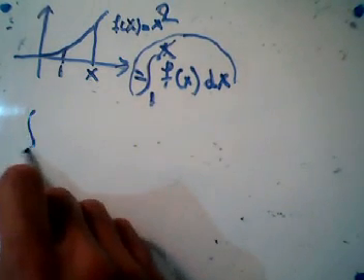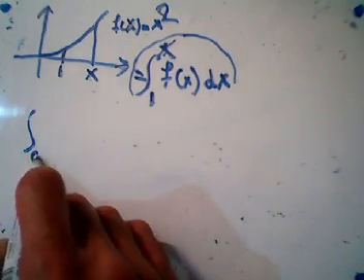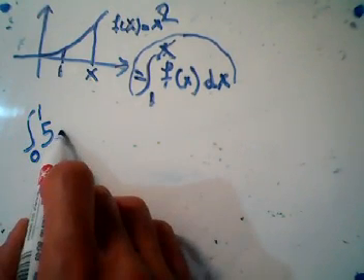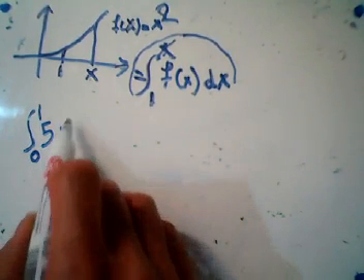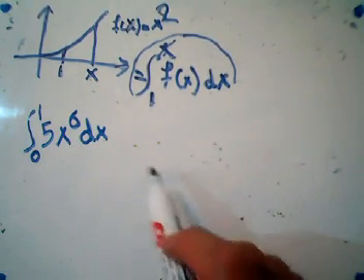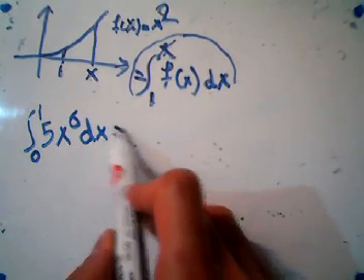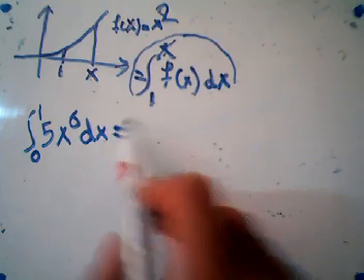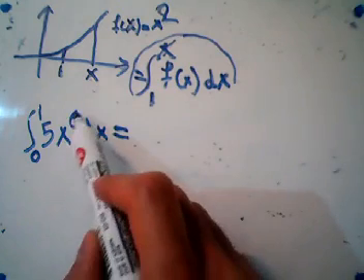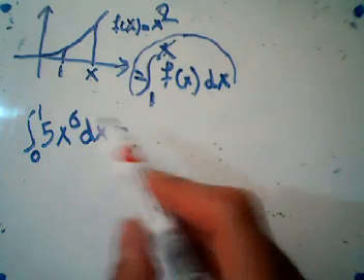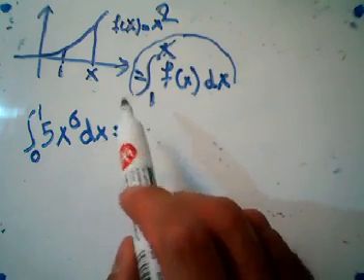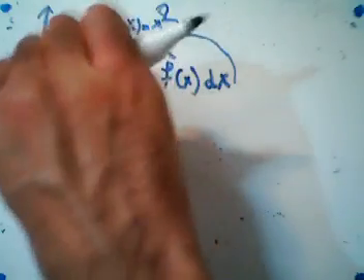How about this scenario? Integral from 0 to 1 of 5x to the power of 6 dx.